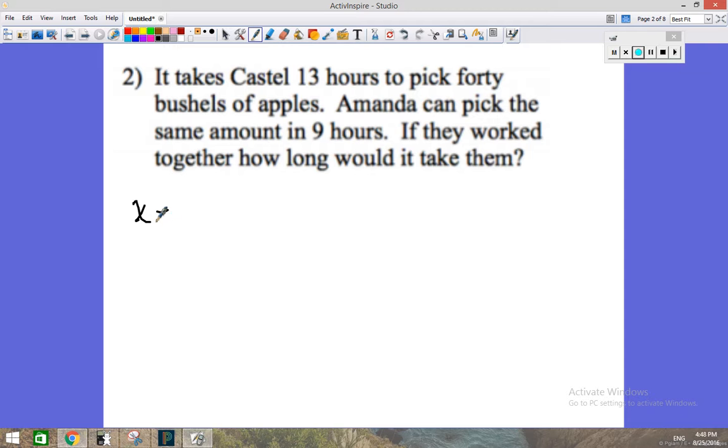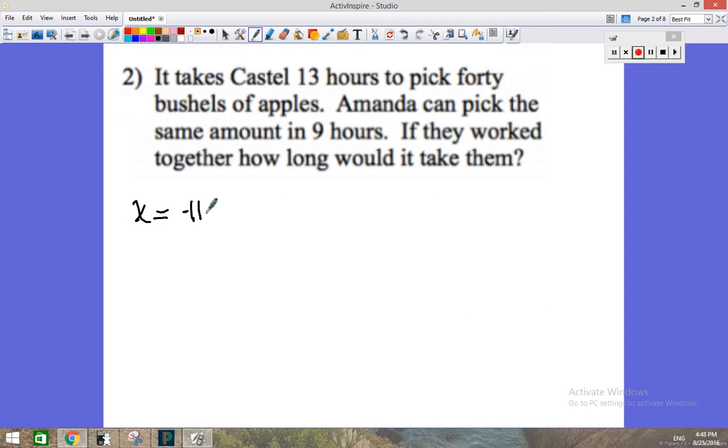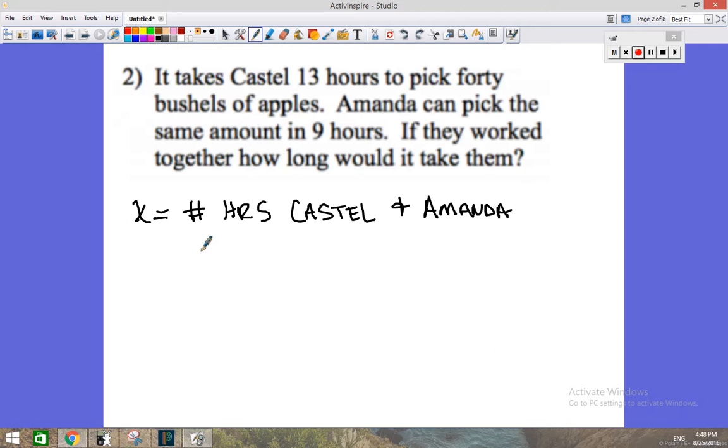The idea is, let's let X be the number of hours Castile and Amanda need to complete the job, and they're working together.